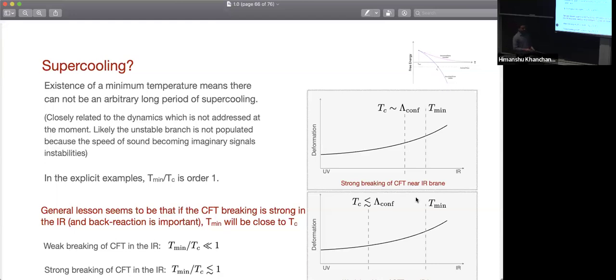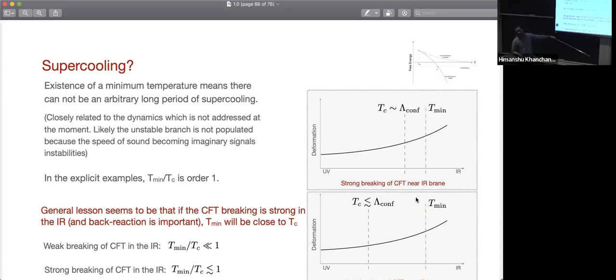Supercooling. So just to be a bit qualitative here, the existence of a minimum temperature means that there cannot be an arbitrarily long period of supercooling, right? Because once you go past the critical temperature, depending on how much the distance is between the minimum temperature and the critical temperature, that's the most you can have, right? And so the picture is that, in all these explicit examples, T minimum over T critical is order 1.